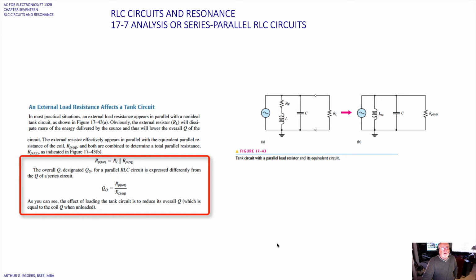The overall Q, designated Q0 for a parallel RL circuit, is expressed differently from the Q of a series circuit. The relationship here says that Q is equal to the equivalent resistance divided by the equivalent reactance. As you can see, the effect of loading the tank is to reduce its overall Q, compared to the Q when it's unloaded.